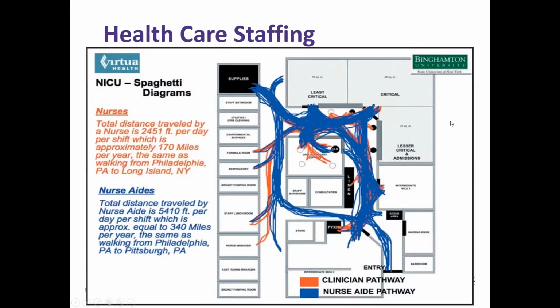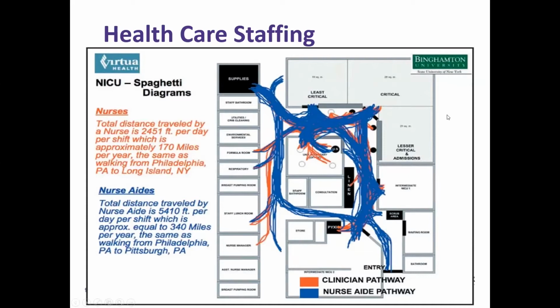But if you don't have that equipment, there's no reason you can't do a spaghetti diagram with a tape measure and some graph paper, and then maybe put it on a whiteboard. That's perfectly good. It works every single time. It doesn't require anything special, and that was the way it was always done. Now there are much more sophisticated ways of doing it, but nonetheless, it amounts to the same information.